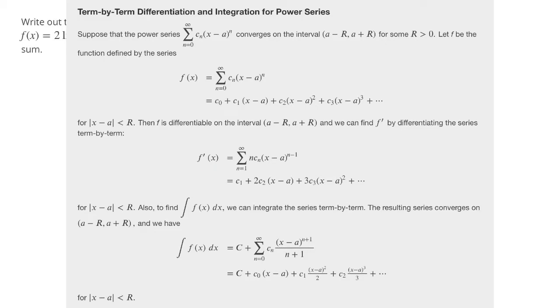And likewise, if we integrate the power series term by term, then that in turn gives us a power series representation of the integral of our original function f of x. And in each one of these cases, the radius of convergence in the differentiation and integration case remains exactly the same as it was for our original function f. So let's apply that in this case.